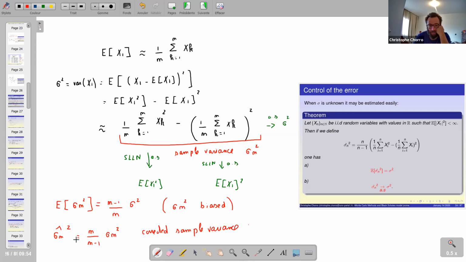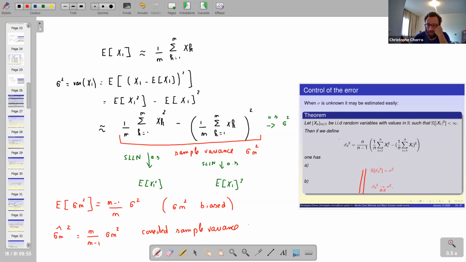Because according to what I have said, this one converges almost surely towards sigma square. This term converges almost surely toward 1. So this one will also converge towards sigma square. And what is nice is that when I take the expectation, by construction, its expectation is equal to sigma square because I have this equality here. And we have these two properties.